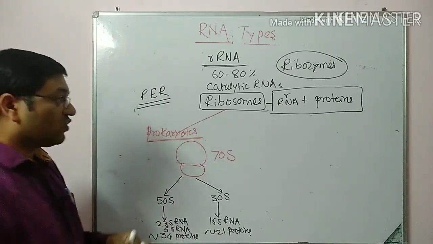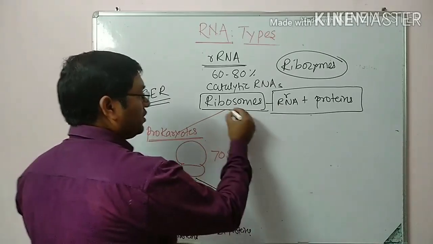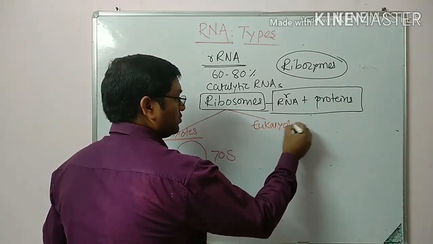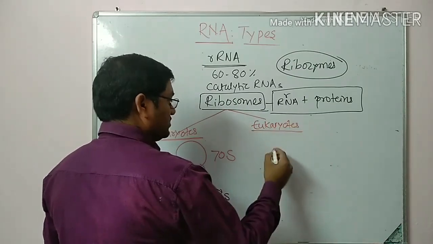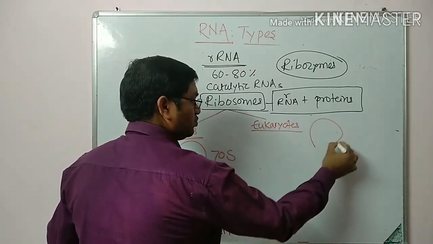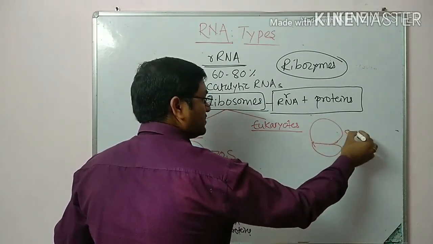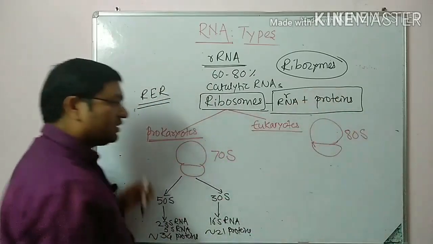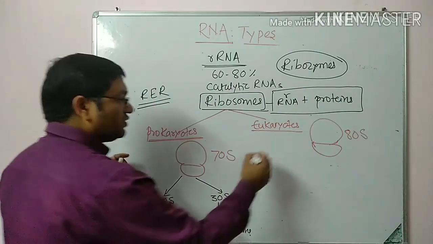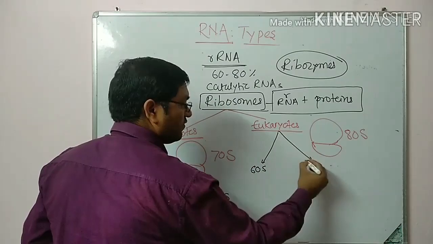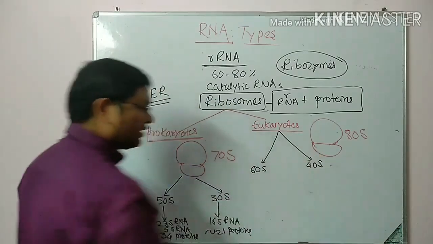While in eukaryotes, it is 80S unit, which dissociates into 60S and 40S ribosomal units.